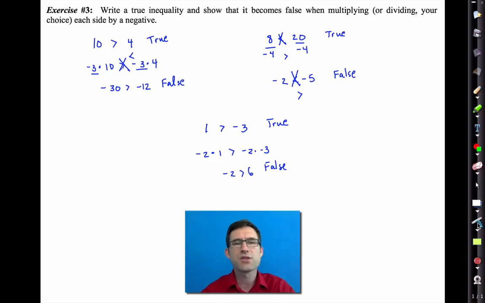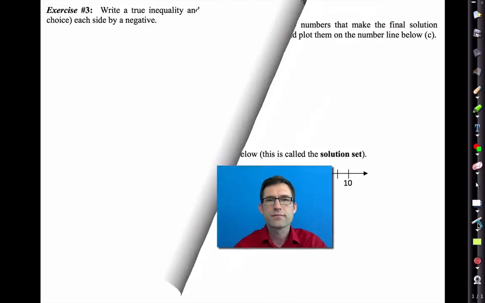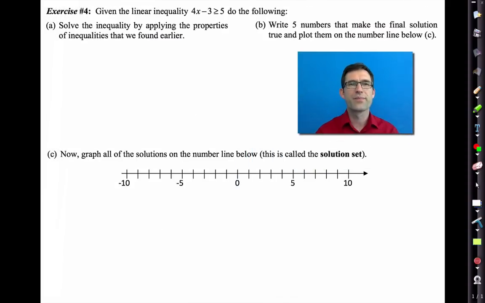I'm going to clear out the text, so write down anything you need to. All right, here we go. Given the linear inequality, do the following. Solve the inequality by applying the properties of inequalities we found earlier.